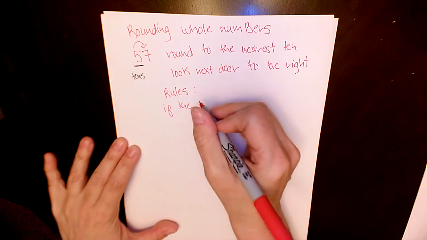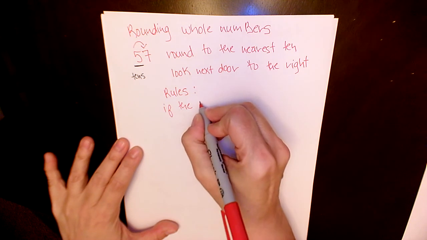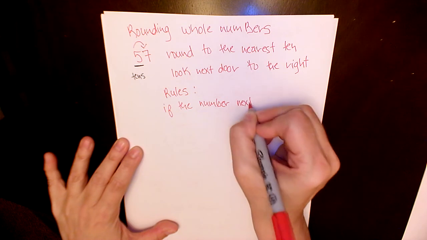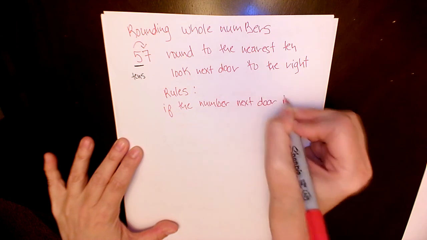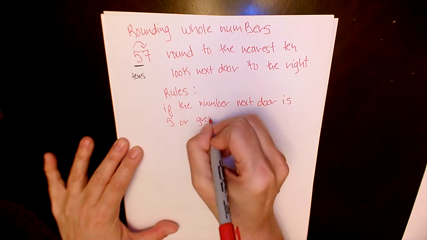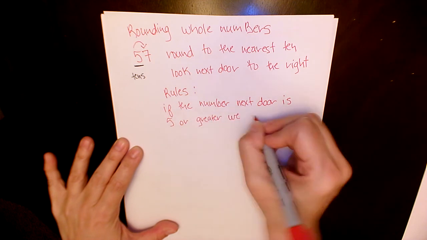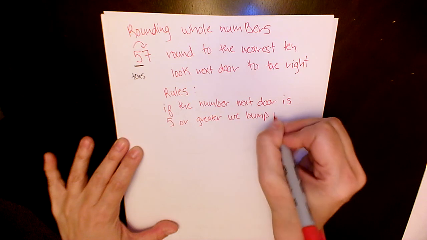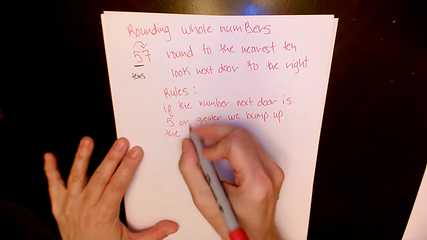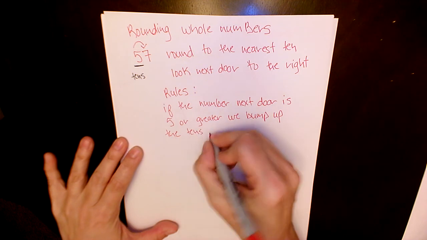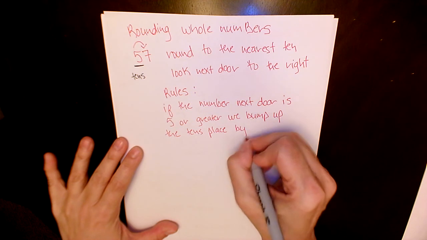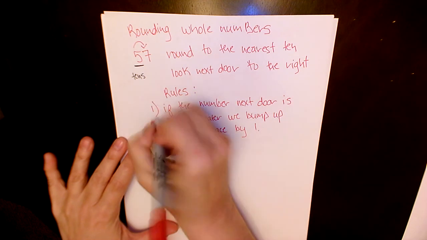If the number next door is 5 or greater, we bump up the tens place by 1.